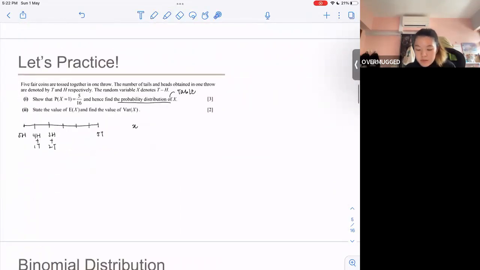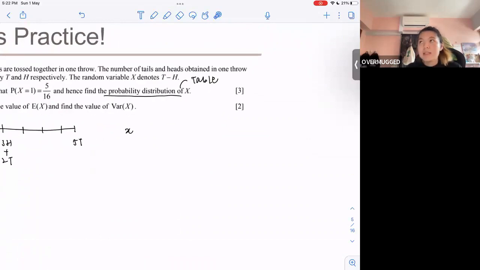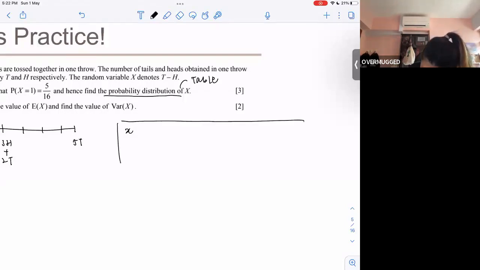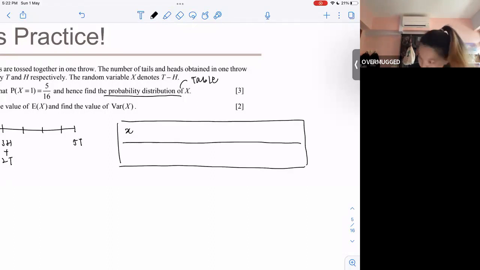So when they say find the probability distribution, you are supposed to find that table. What would that table look like? It would look like this, where we have your X and your probability of X being x.